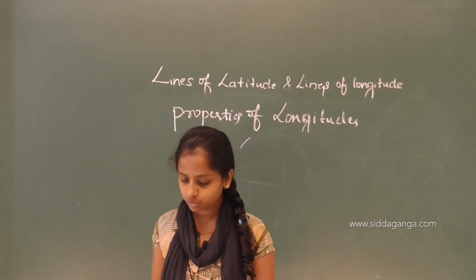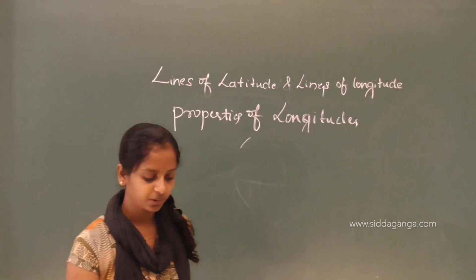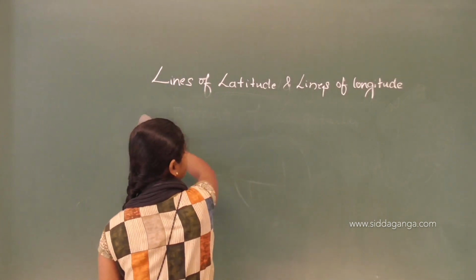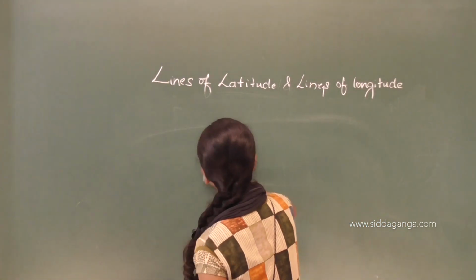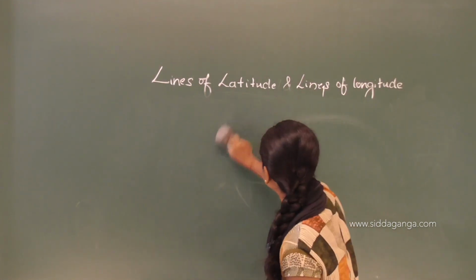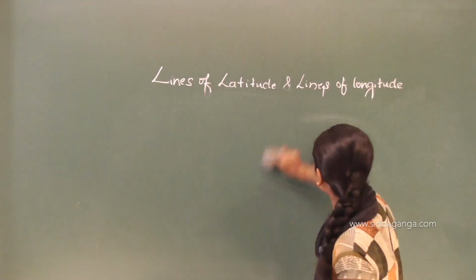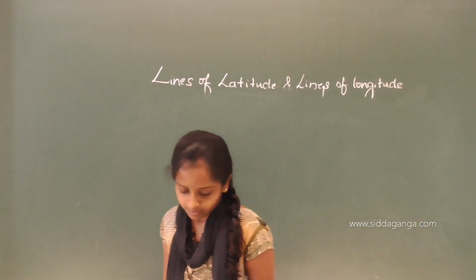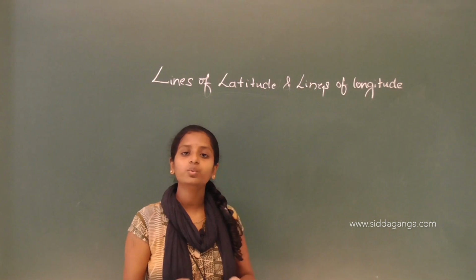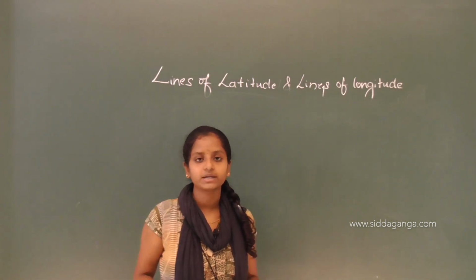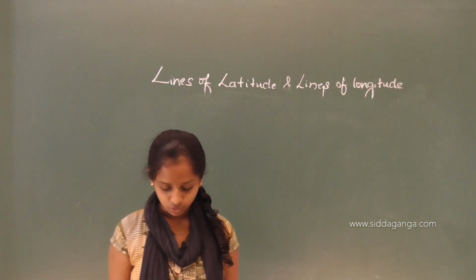Okay, so till now we have seen about the longitudes and the latitudes. These are imaginary lines on a globe. Now we'll see how we should locate a place on a globe.